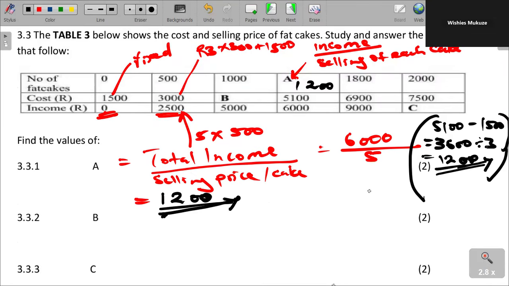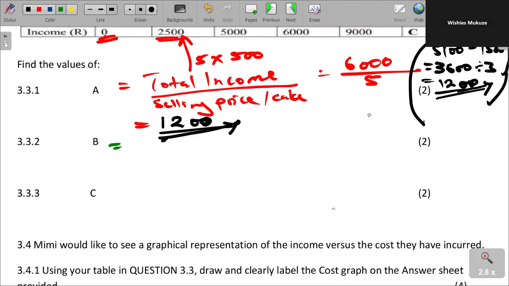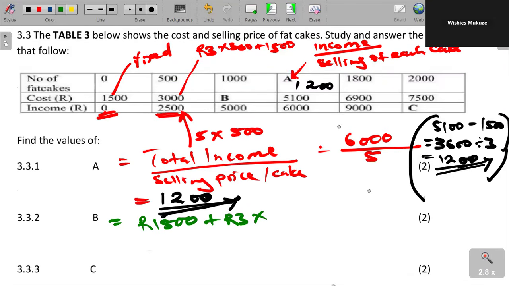The formula that we formulated applies for B: we have the fixed cost, which is 1,500, plus 3 rand multiplied by the number of fat cakes, which in this case is 1,000.